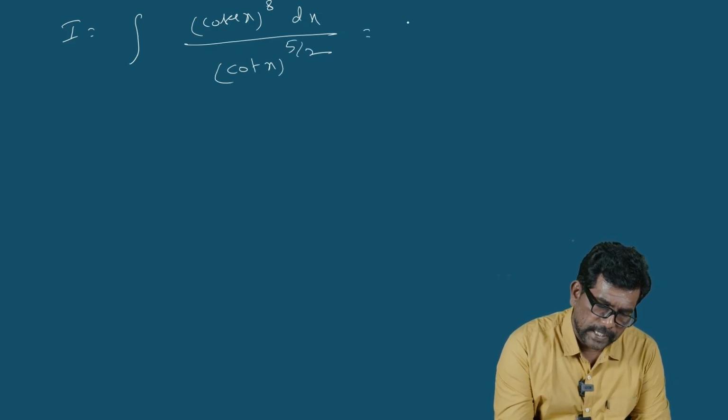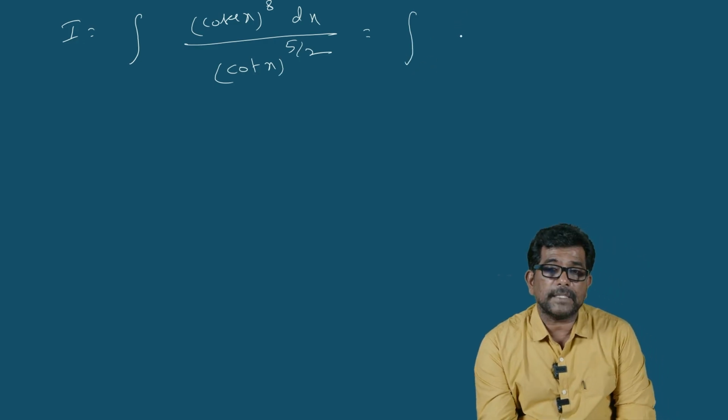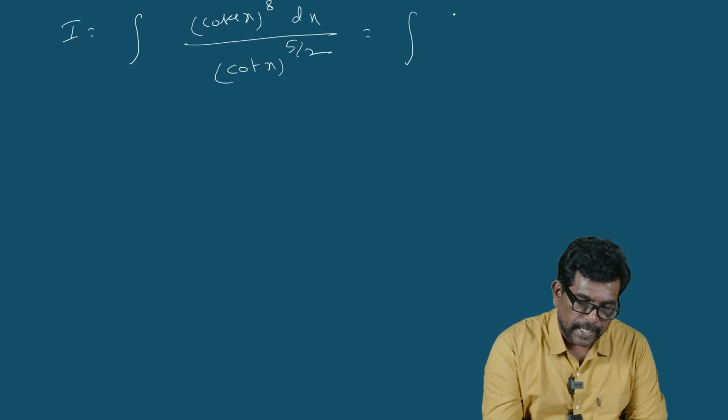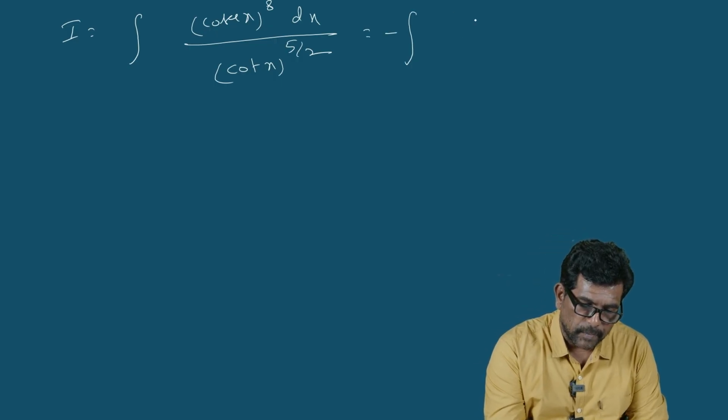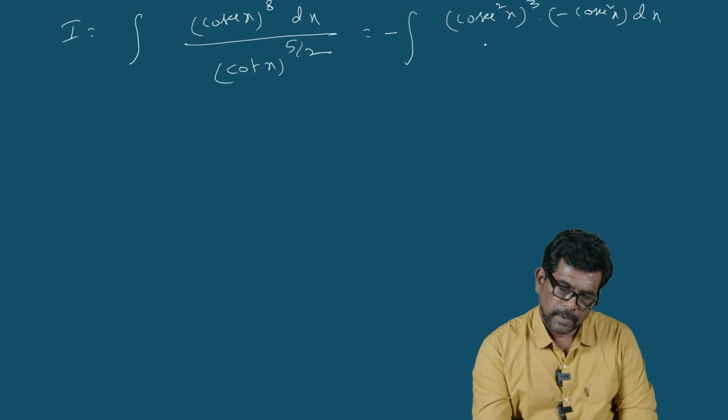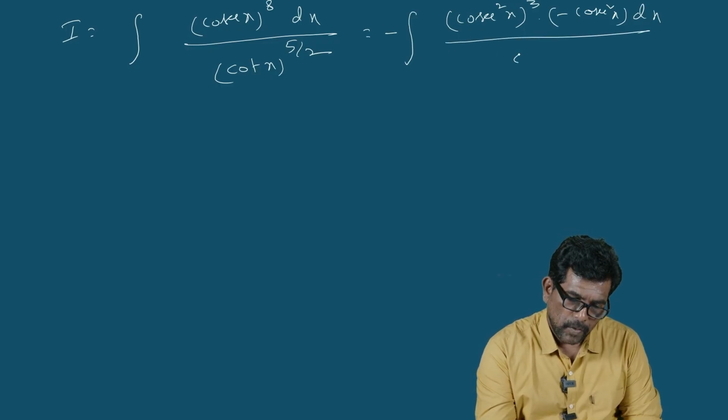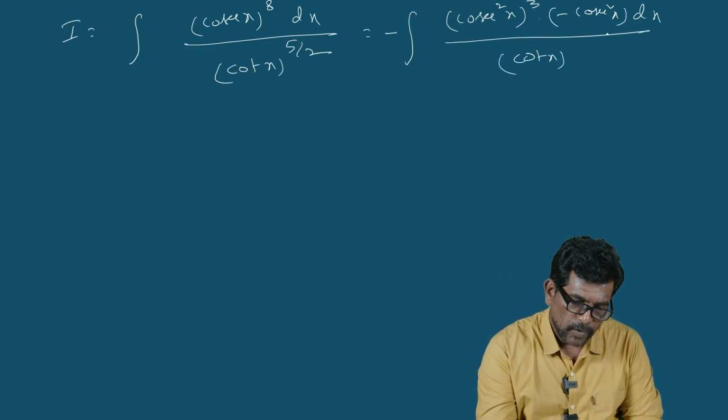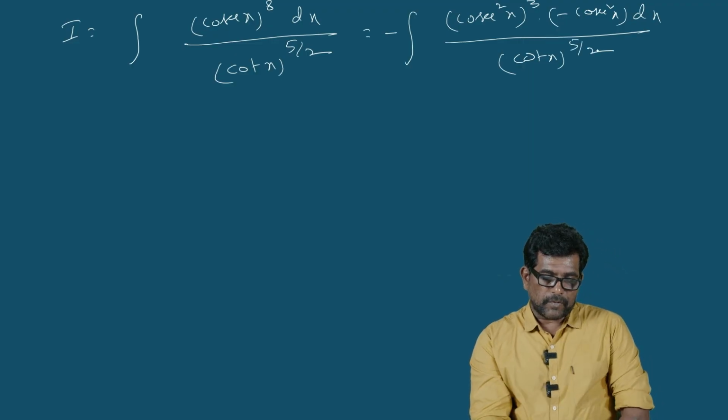Now, I am going to express the numerator as integral. The cot x derivative is minus cosecant square x. That's why I am writing this one as minus of (cosecant square x)^3 into minus cosecant square x dx by (cot x)^(5/2).